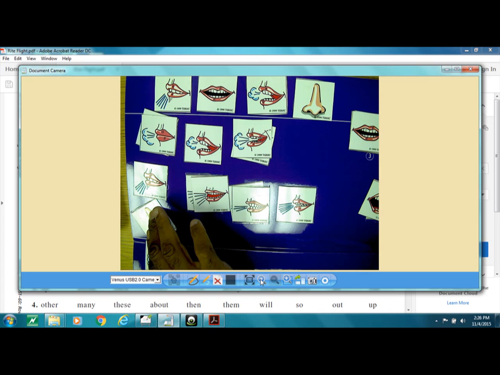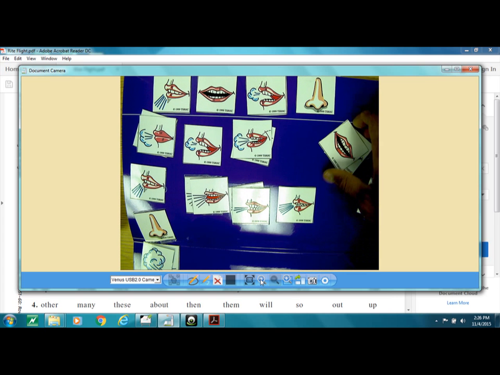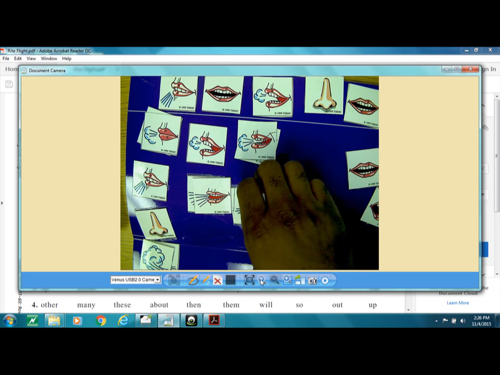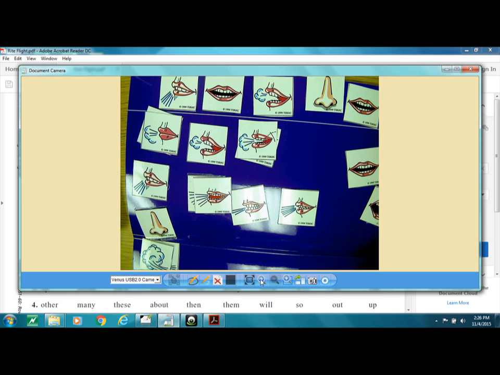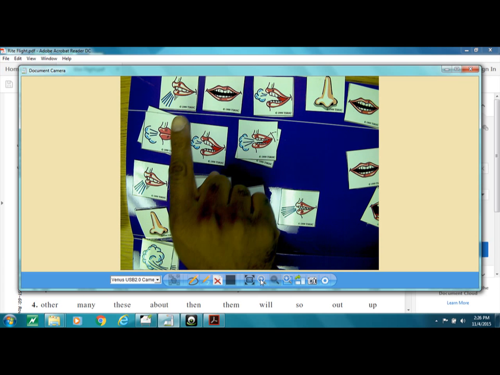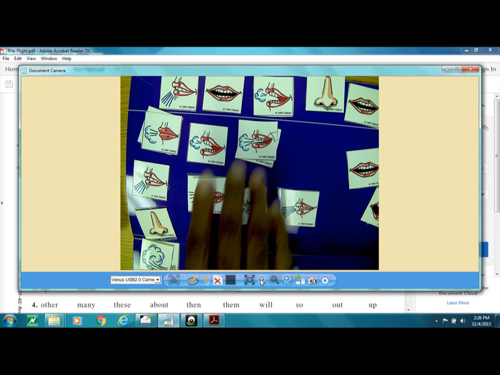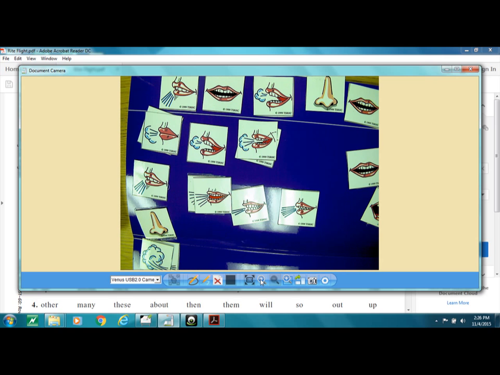So we have echoed, we've unblended it. So the word is fitness.